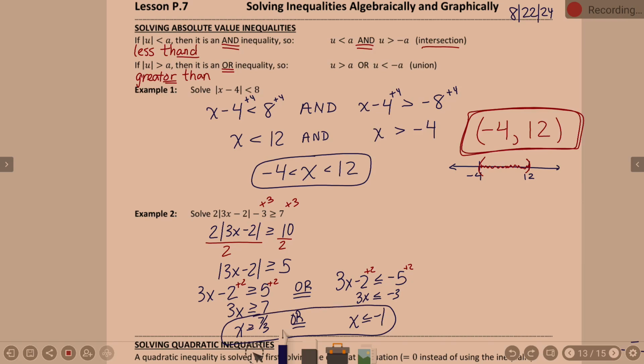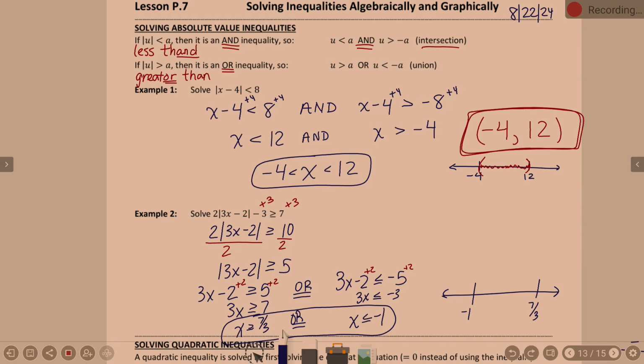Again, I'm looking for interval notation. There's your inequality. If you want to, you can throw it on the graph. You only have to do graphs if it says so. But what's happening with this graph here?